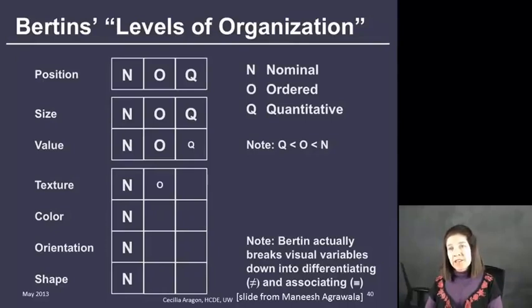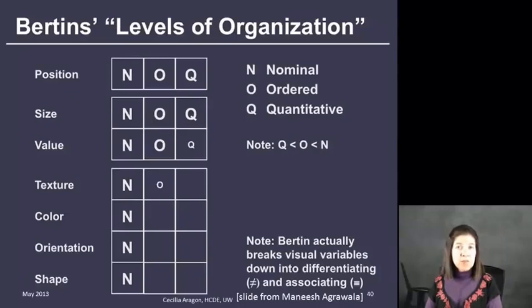Now value, or lightness, can be used for nominal or ordinal data, and perhaps for quantitative data, although it's not quite as clear. And texture can be used for nominal data, maybe for ordinal data. You could imagine a denser texture might be seen as having some order over a less dense texture. And then finally, color, orientation, and shape can really only be used for nominal data.